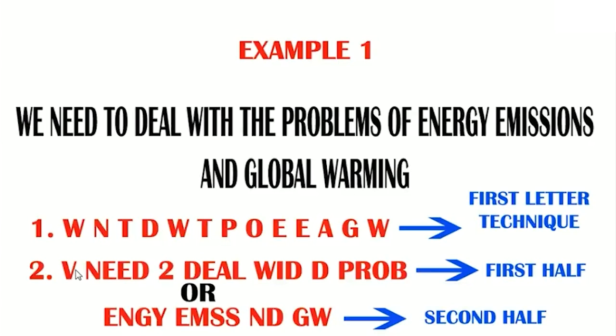So W stands for we. N stands for need. T stands for to. Deal with, this is D and this is W. PROB means problem. And this is the first half; if you are able to speak the second half, or vice versa. If you want to memorize the first half, then you can write the second half. ENGY is an abbreviation for energy, EMSS for emissions, ND for and, and GW means global warming. It totally depends on your capability.